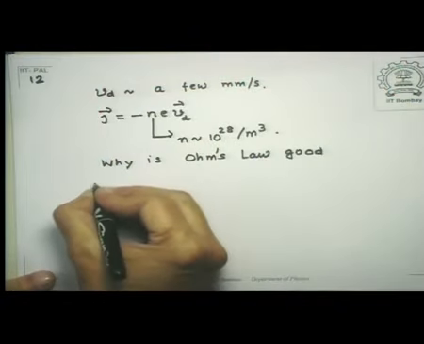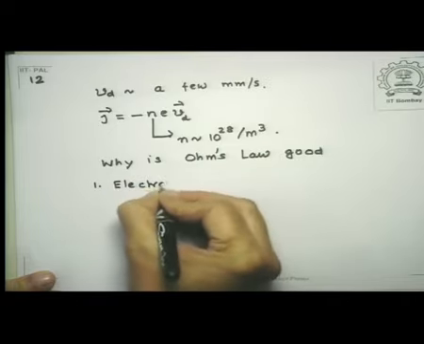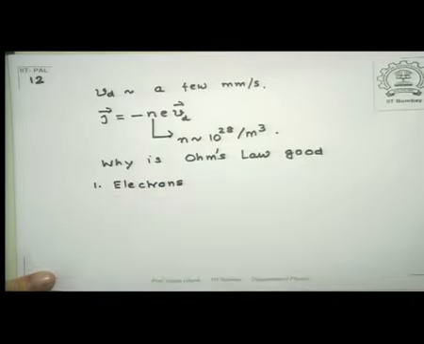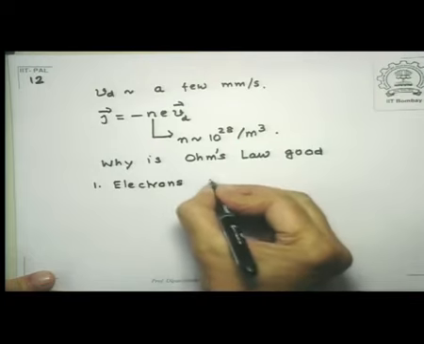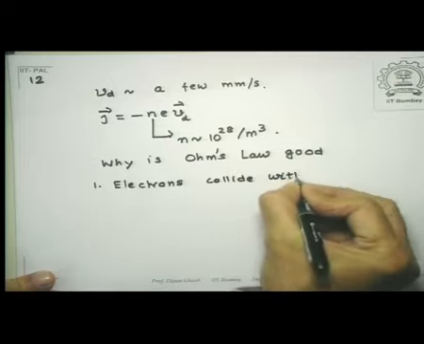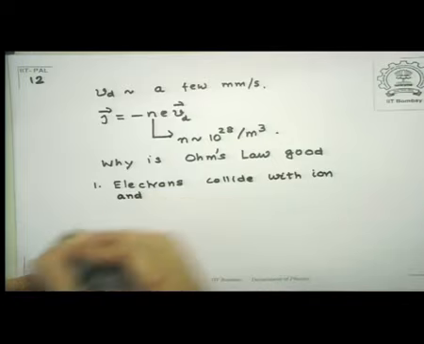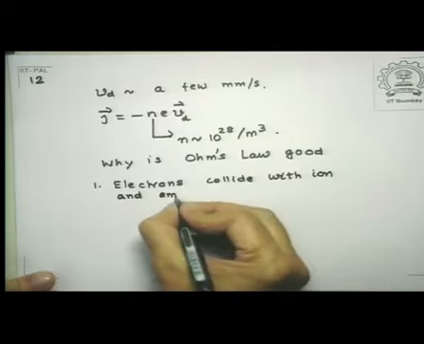They do not belong to a particular atom or atoms. What we also said is that these electrons would collide with ions in the material. The typical speed of electrons is of the order of 10 to the power 6 meter per second. So, electrons collide with ions and emerge with velocity in random direction.